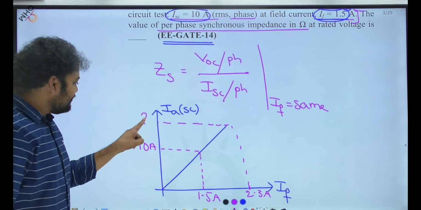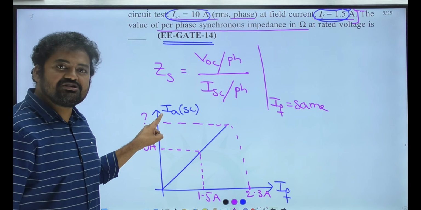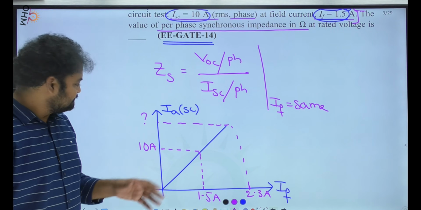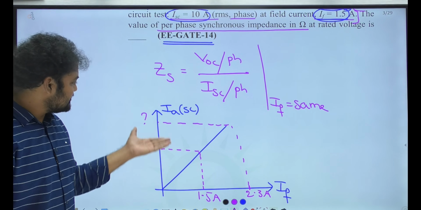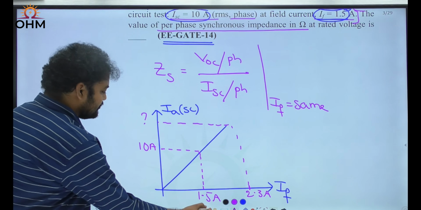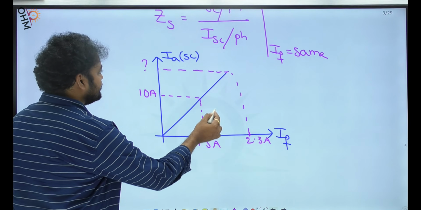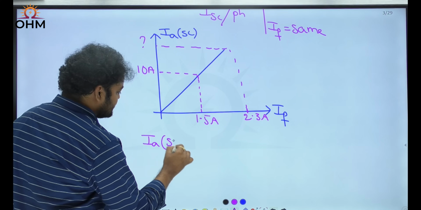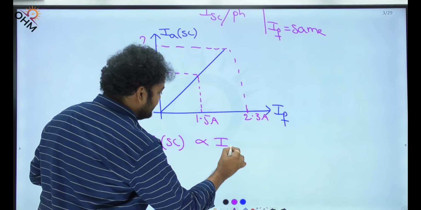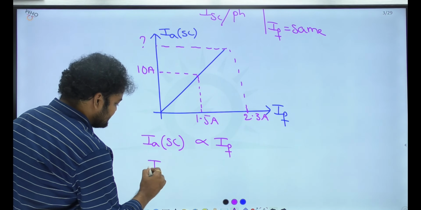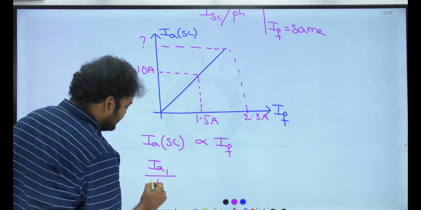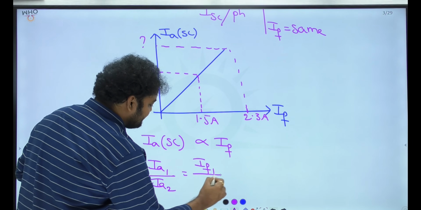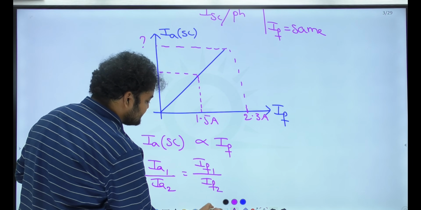If I know this value, I can easily find the synchronous impedance per phase. As it is a straight line passing through the origin, short circuited armature current and field current are directly proportional. So the first case armature current divided by the second case armature current is equal to IF in the first case divided by IF in the second case.